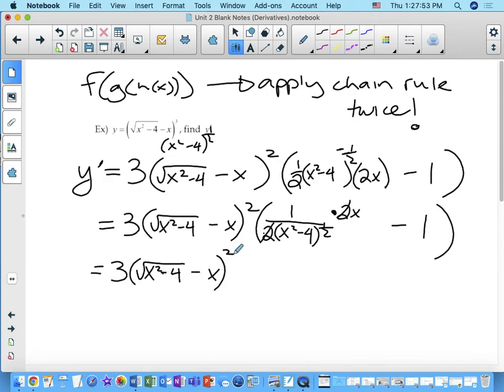Okay, this is going to become x over x squared minus 4 to the 1/2 minus, this is like 1 over 1. So what I'd like to do is have a common denominator here. What do I need to multiply this by to get a common denominator? Right now, this denominator is x squared minus 4 to the 1/2. This one's just 1.